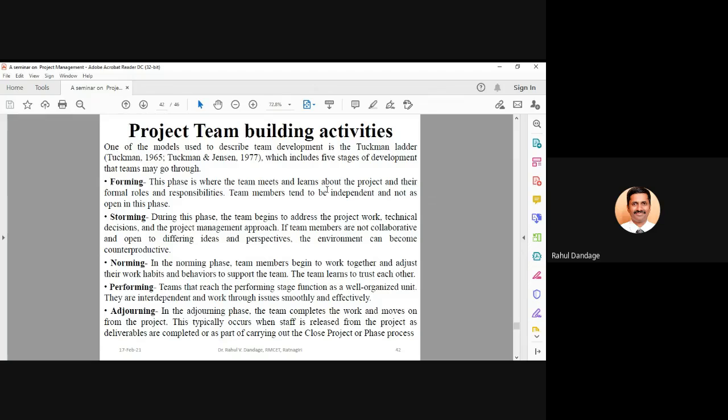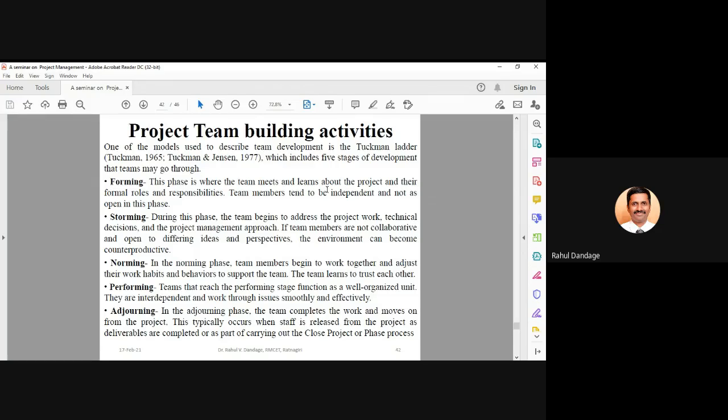Whatever it is, it is their right to put forth whatever they feel, and others should be open to listening to their ideas and perspectives. If this is not happening, then the environment will not encourage other people to put forth their ideas. So that is the storming phase.